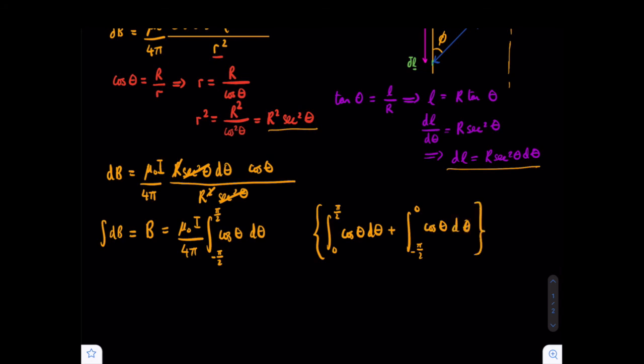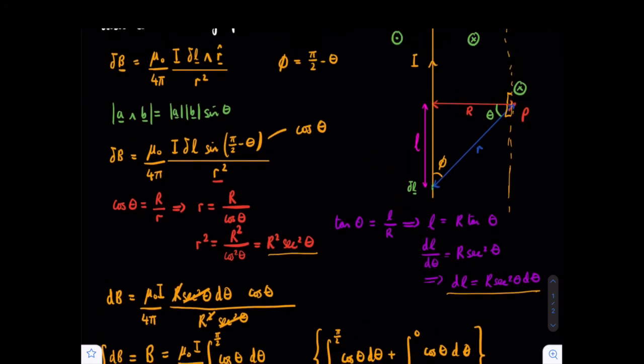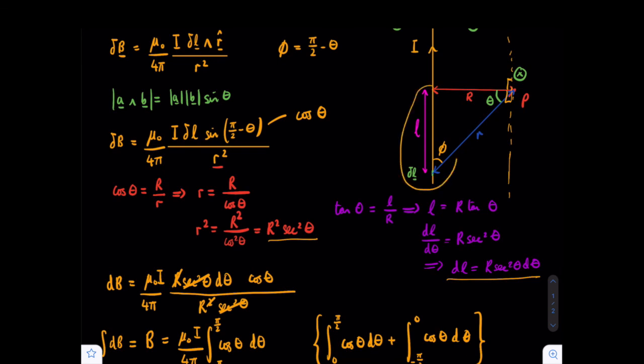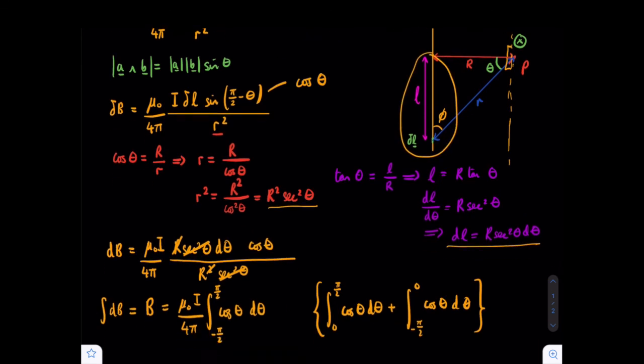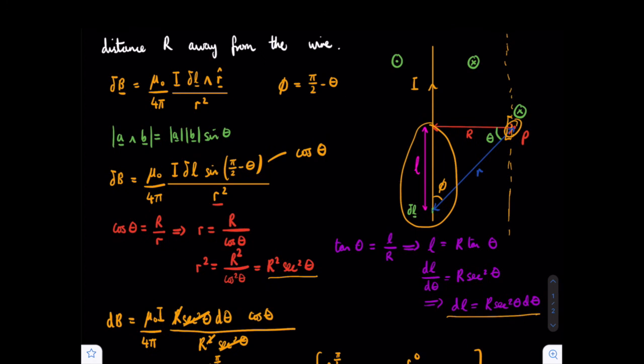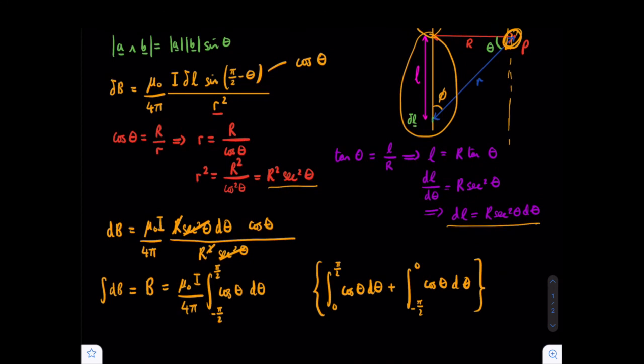This is basically what we're doing, because we're considering this infinite wire and the magnetic field produced at this point, and the relevant angles are these, considering this side to be positive angle.